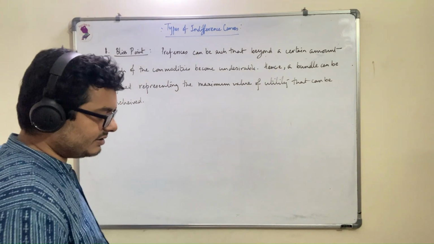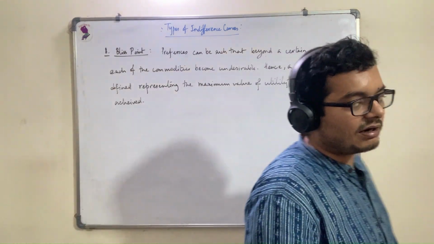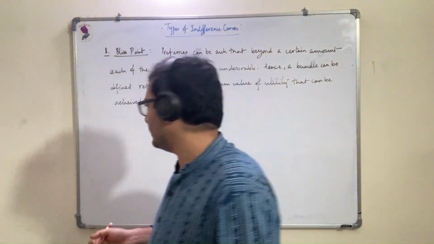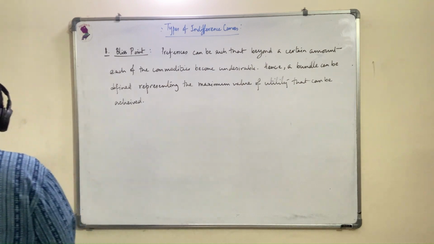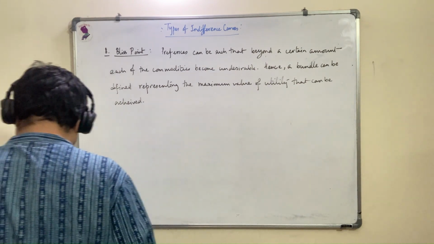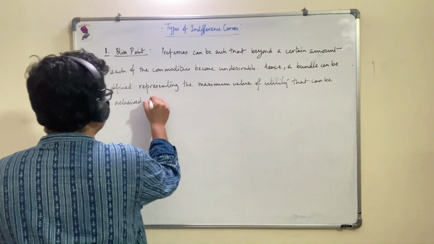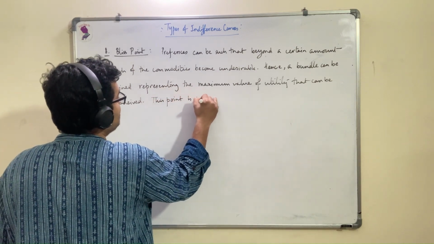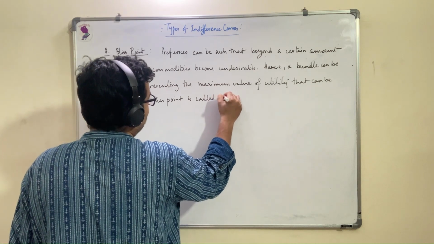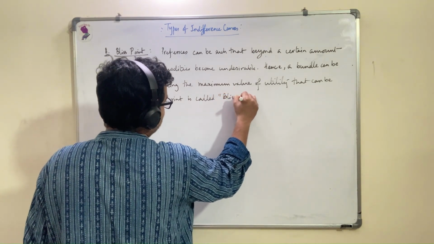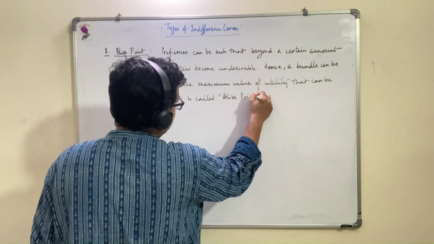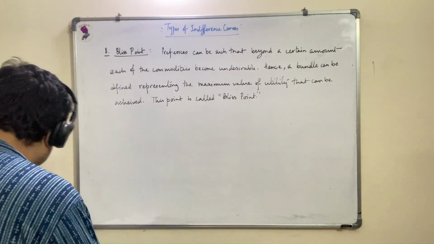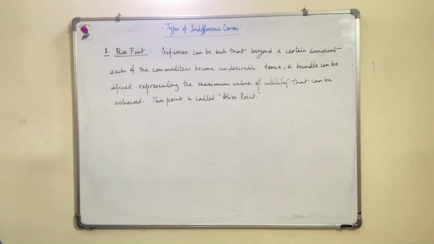That is a point which lies just in the center of this desirability and undesirability. So this point is called the Bliss Point. You need no more than that. Okay, that's the idea of bliss actually.